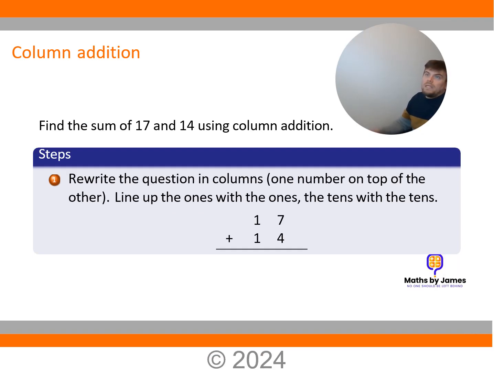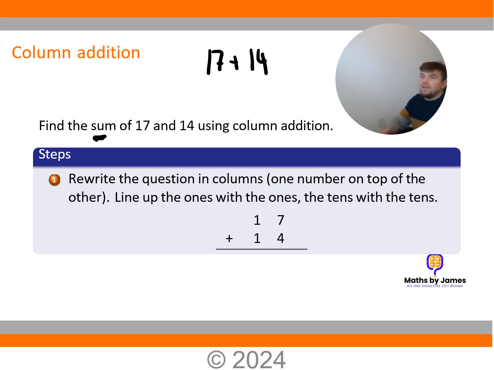So, what we look at here is column addition, finding the sum of 17 and 14. So find the sum of is the same as 17 add 14. We can also use the word sum.